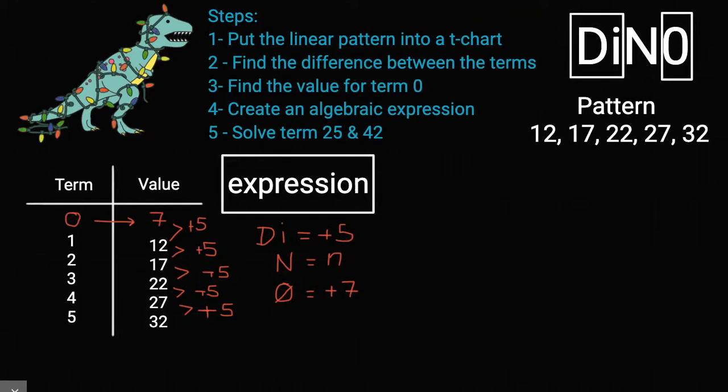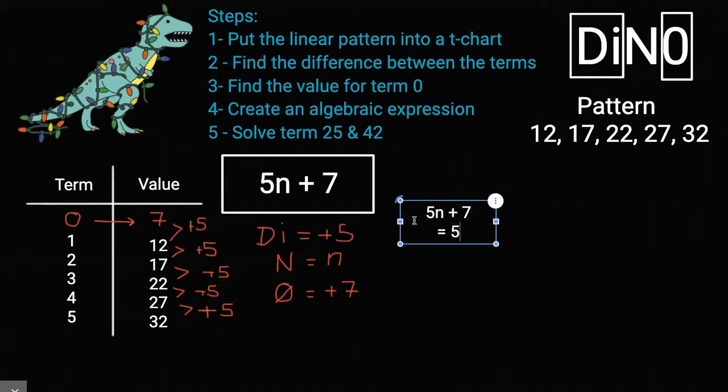So now I can put all my information together to create an algebraic expression. The difference between my terms is 5n plus 7. That is step 4. Step 5 is solve for term 25 and 42. So with a text box, I'm going to say 5n plus 7 is my algebraic expression.